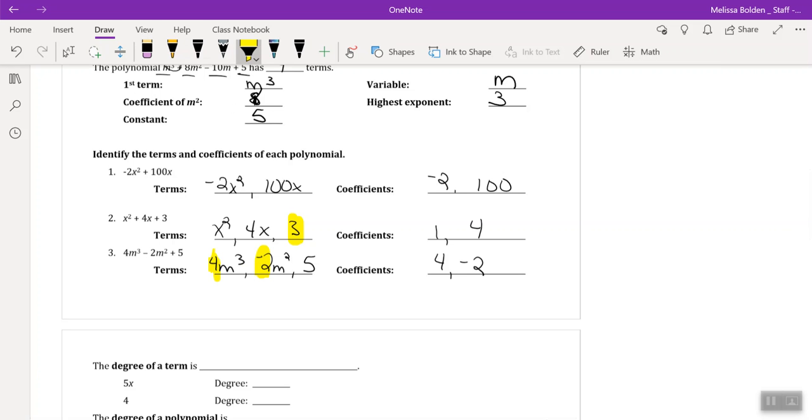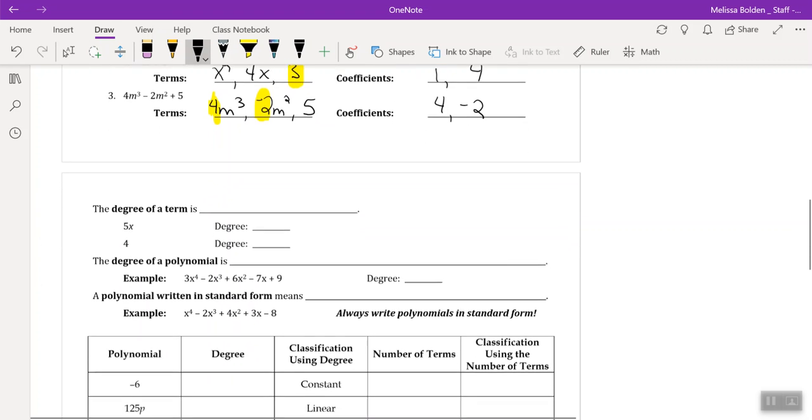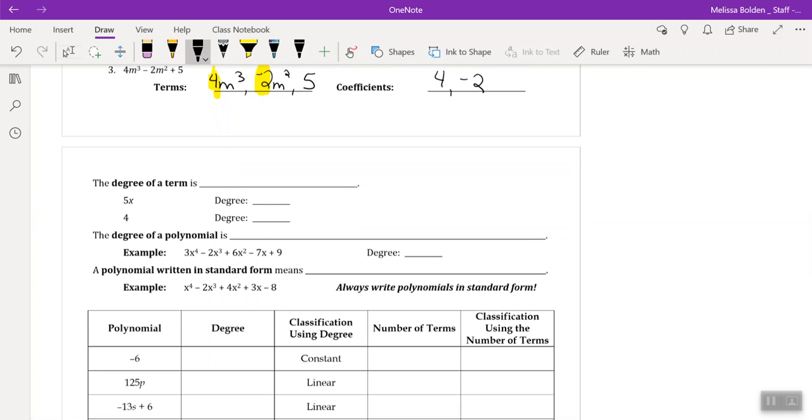So the degree of the term is determined by the highest exponent. So this polynomial has a degree of 1. A constant has a degree of 0, because we can write this as 4x to the 0, because anything raised to the 0 power is 1. The degree of a polynomial is its highest exponent. Now you have to make sure it's written in standard form in order to see that highest exponent.